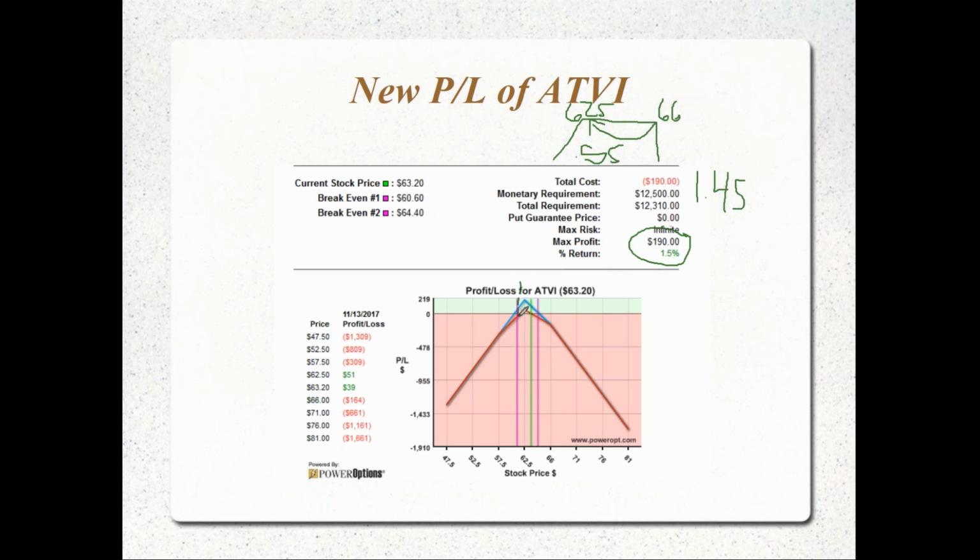Remember, the stock was trading at around 61.18. My lower break-even is now $60.60. The upper break-even is now $64.40. So you roll down the option that is not threatened, and you leave the other option that is still in the money. If at this time ATVI continued down in price and went to $60 per share, their advice would be to buy to close the 62.50 call and move that down to the 60 strike.